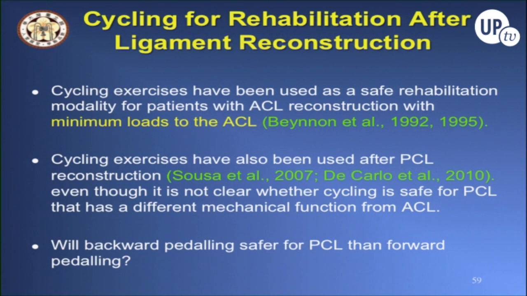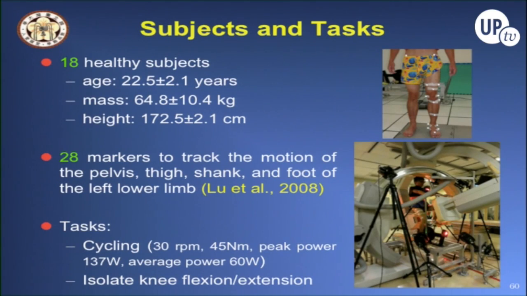So what I'm going to show you is the study using the method to compare the forces and loads transmitted by the ACL and the PCL during forward and backward pedaling. We had 18 healthy subjects, and each of them wore 28 markers on the body so that we can track the motion of the pelvis, thigh, shank, and foot of their left lower limb. As you can see, the whole setup is, to be honest, quite complicated.